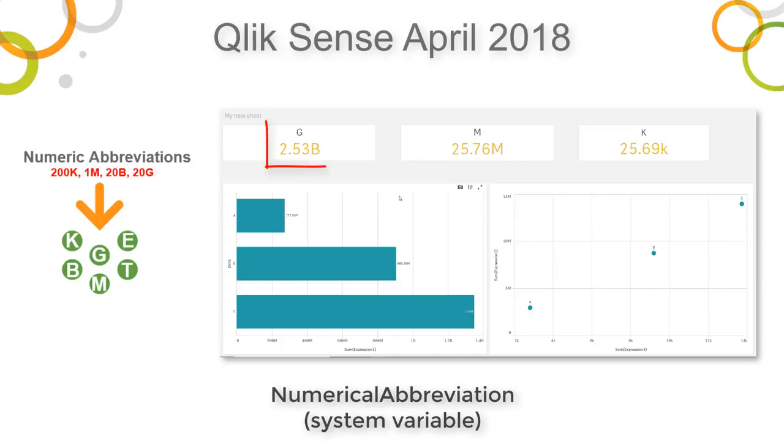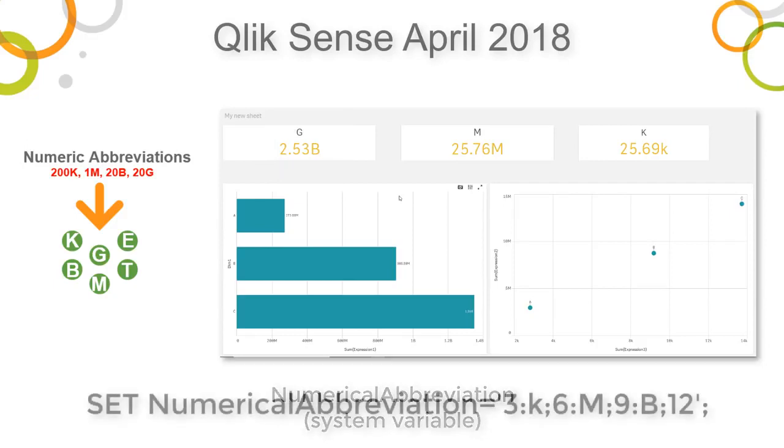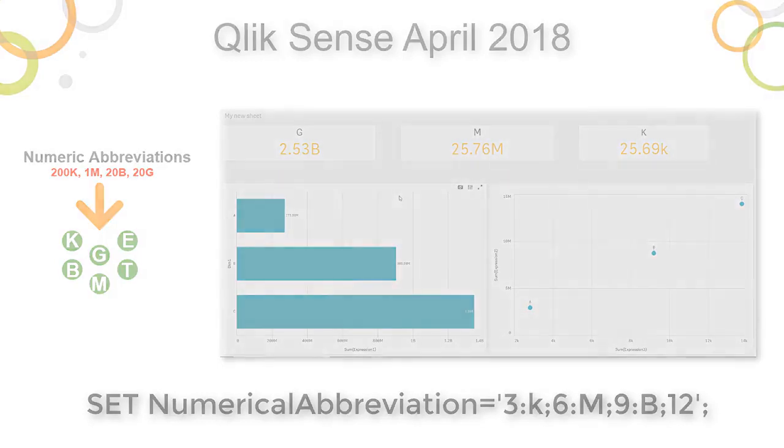So if you want a B to represent billions instead of a G, you simply include a set statement in your load script and you set the numerical abbreviation as follows. Basically what we're doing is looking at the 0 placeholders and then assigning an appropriate symbol at the end of the measure. Let me give you a quick example of that.